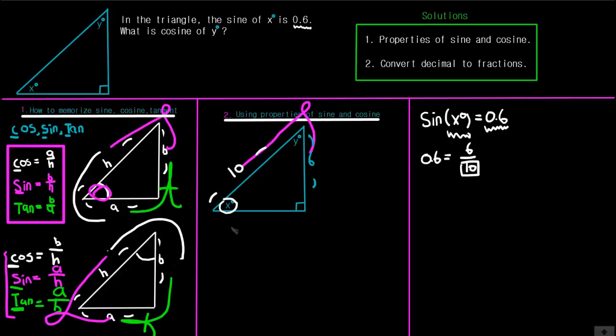And now we can find the value of the cosine of y degrees. For cosine of y degrees, the central angle is y degrees.